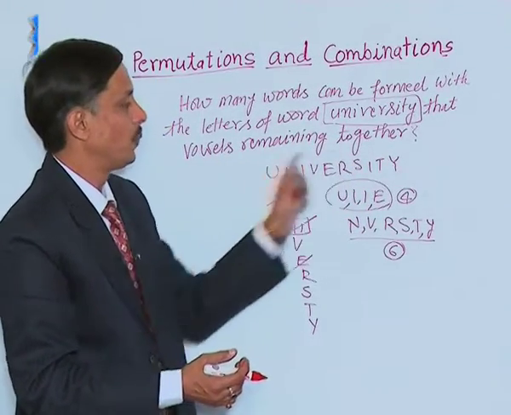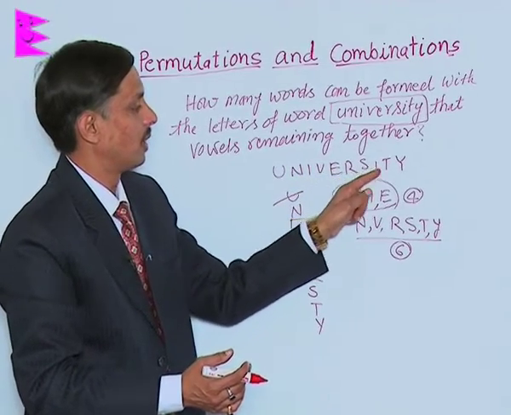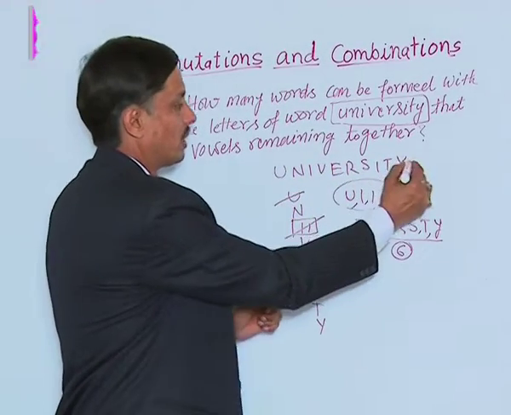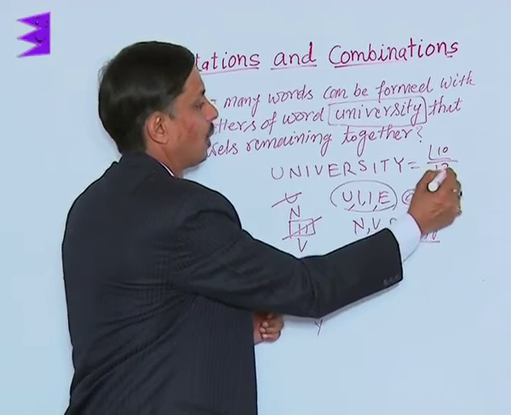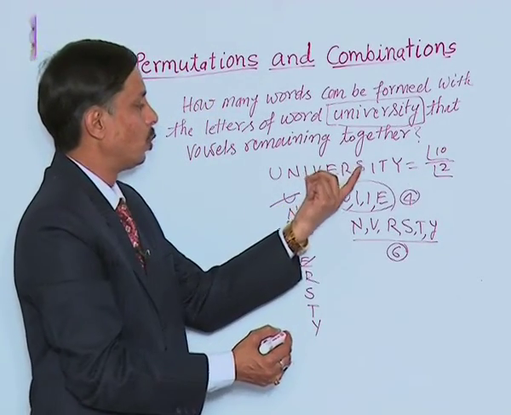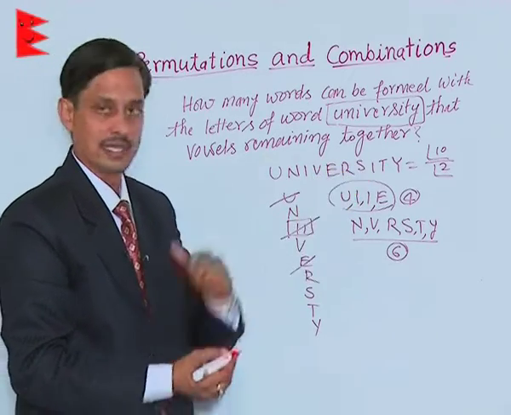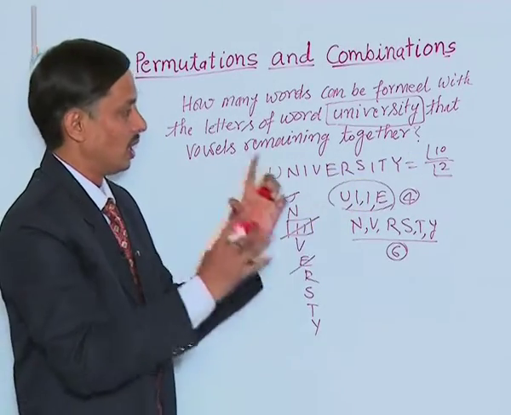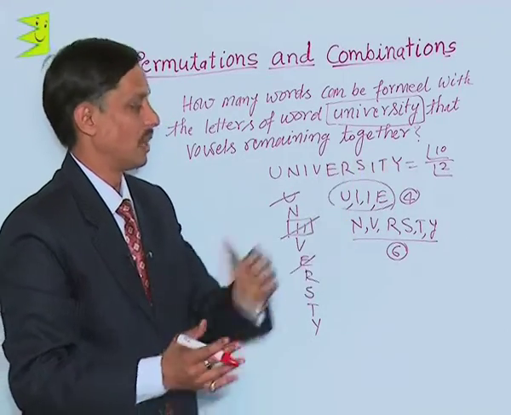If this question is free, that is 1, 2, 3, 4, 5, 6, 7, 8, 9, 10, then what is the answer of total arrangements? Factorial 10 upon factorial 2 for the 2 identical I's. Answer will be this if all are used and 2 I's are of same type.